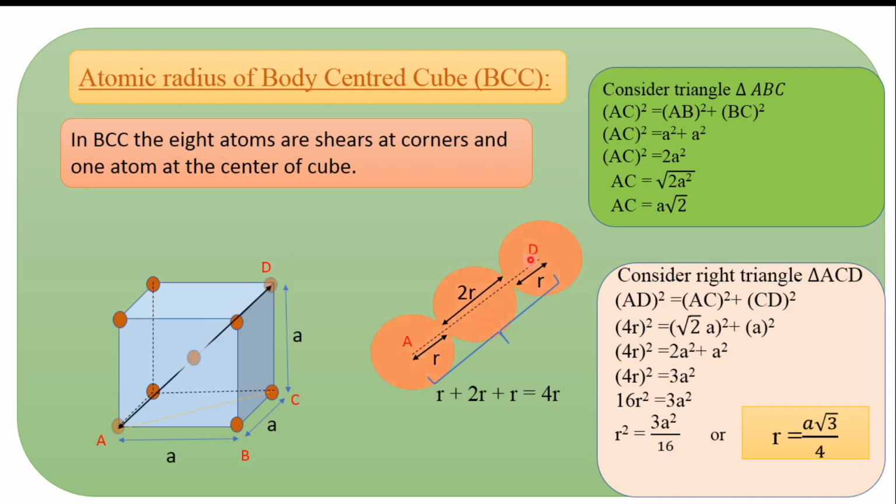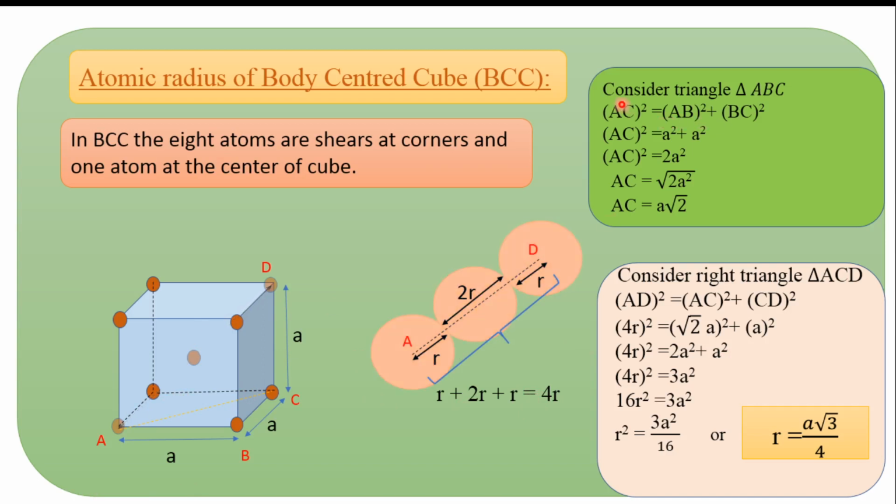So AD distance is one full atom, that is 2R, and one half atom, that is R, and the remaining half atom is R. So R plus 2R plus R is equal to 4R. So AD is equal to 4R.